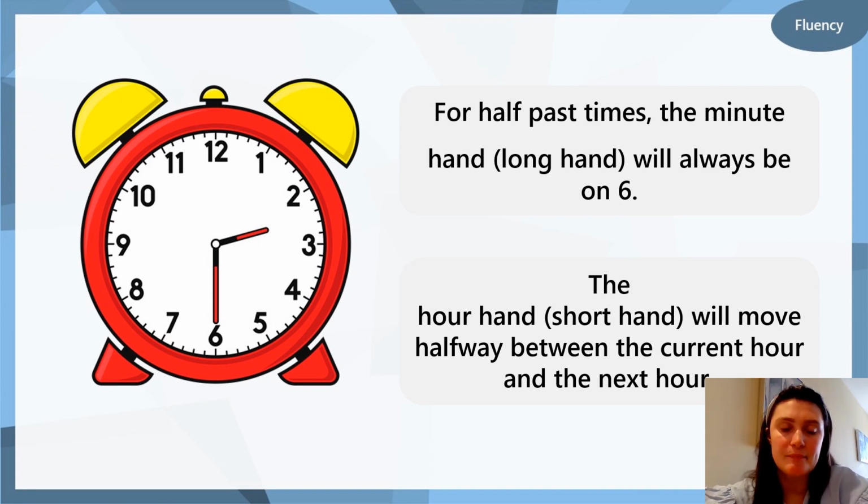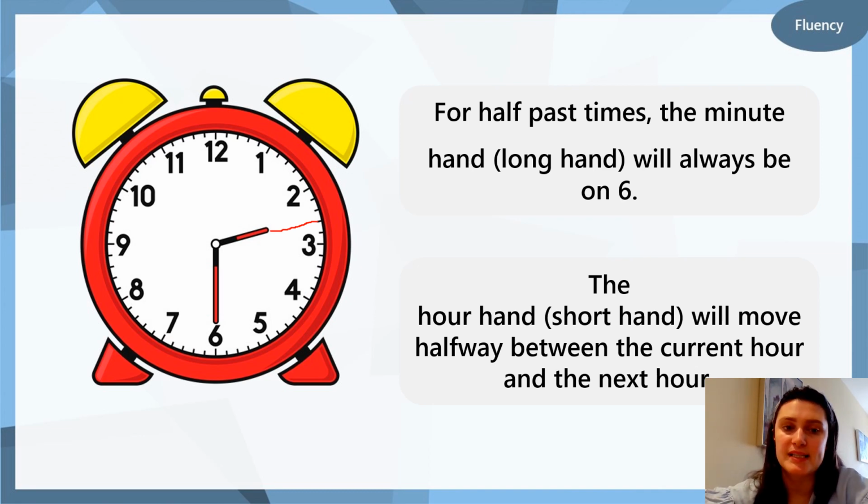Now half past can be a little bit more tricky because let's have a look at the hour hand, the short hand. In this picture, the hour hand is pointing in between two numbers. It's not pointing at 2 and it's not pointing at 3. It's pointing in between 2 and 3.